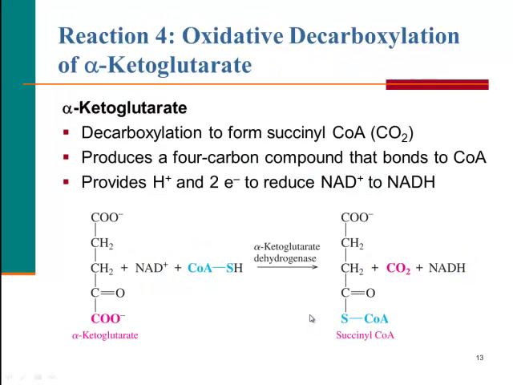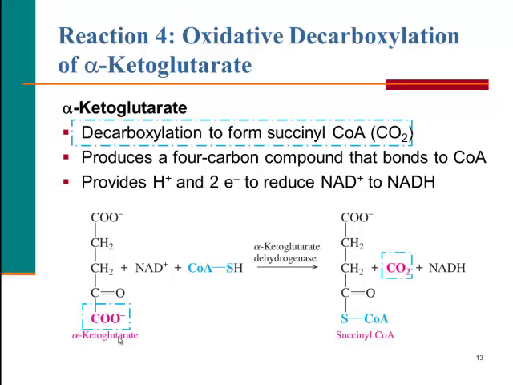Now we're going to have a very similar kind of reaction at reaction 4, the very next reaction in line. Again, we have a decarboxylation reaction. We're going to take the carboxylate group at the end, and we're going to generate carbon dioxide by the removal of that group.